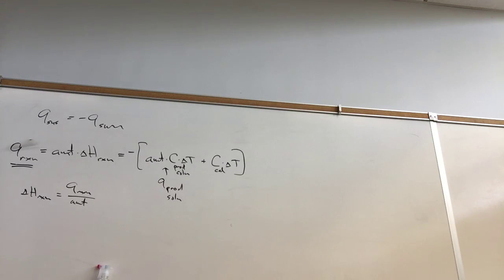Q depends on the amount. Delta H is a ratio. In the report, you have to calculate both. So you calculate Q first and then normalize it per mole of whatever reaction.